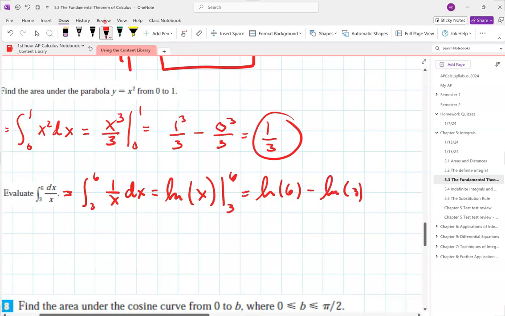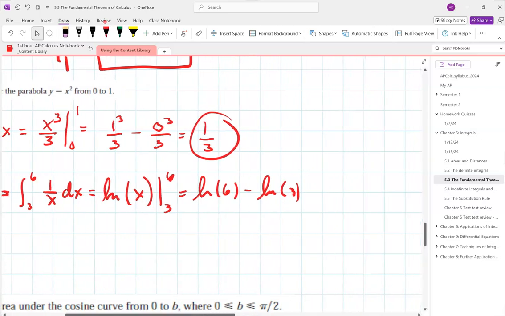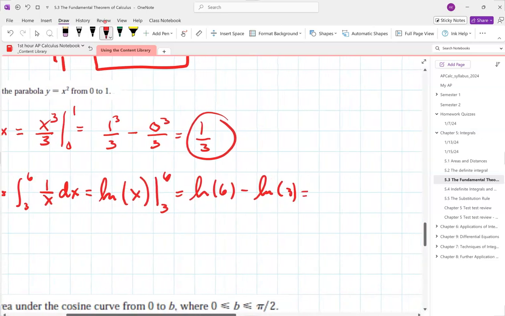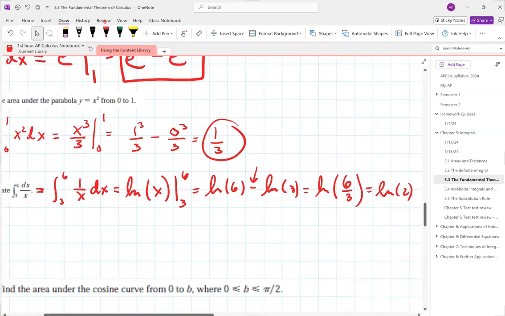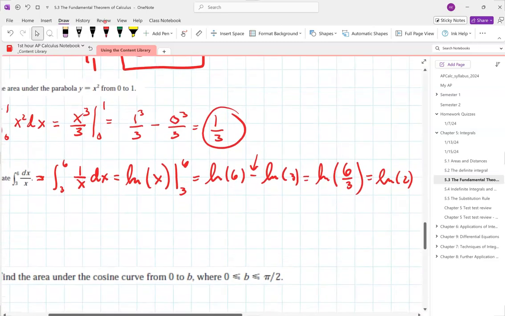Now, if there's a multiple choice question on the AP exam in the no calculator section, that is not how they'll write the answer. They're going to use their properties of logarithms. If I have the difference of two logarithms, remember that's the quotient inside the logarithm. So they'd write the answer as natural log 2.